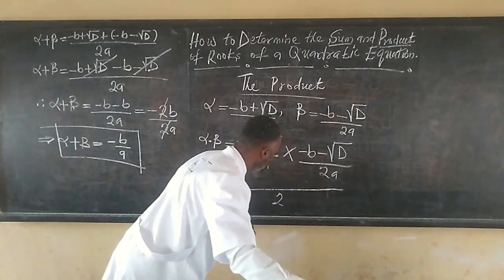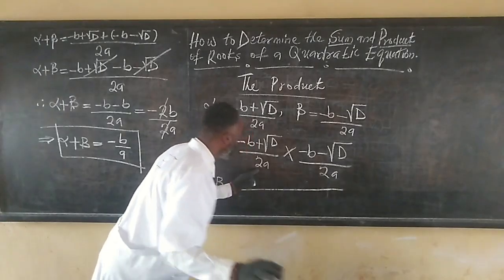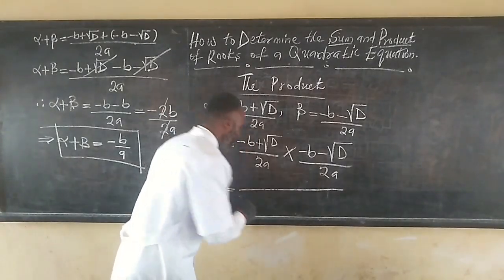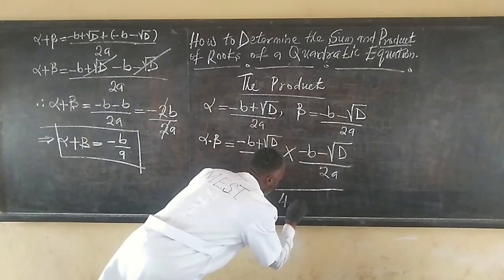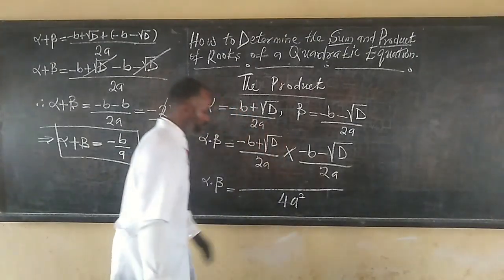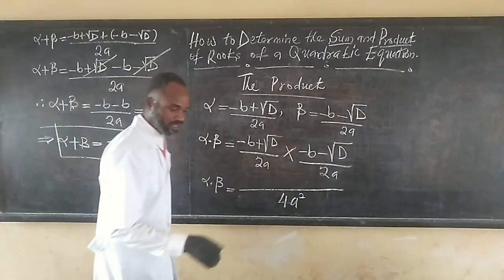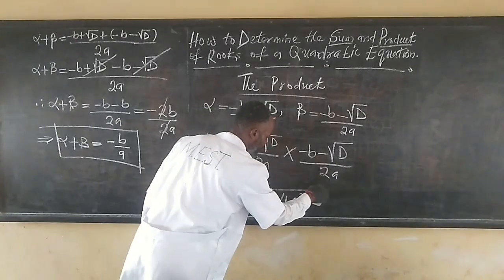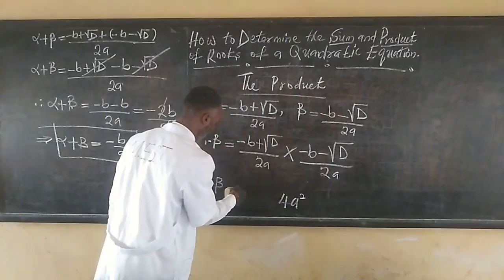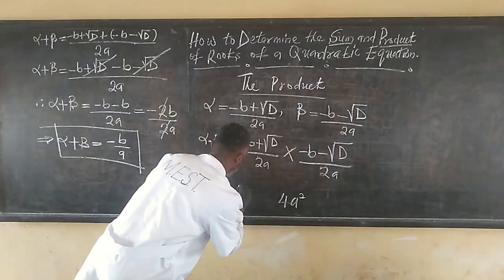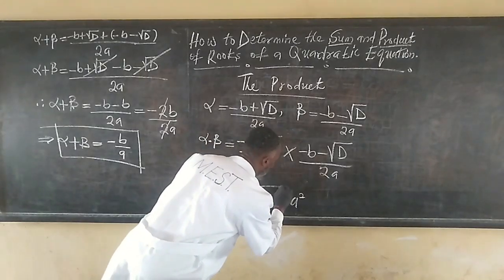That should be 4a squared. Yes, 2a times 2a is 4a squared. So let's redo it until we get something good.